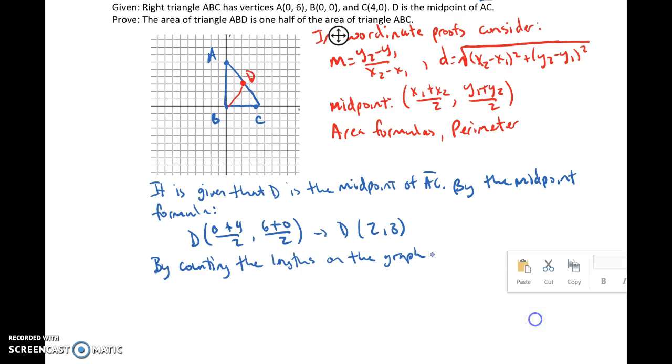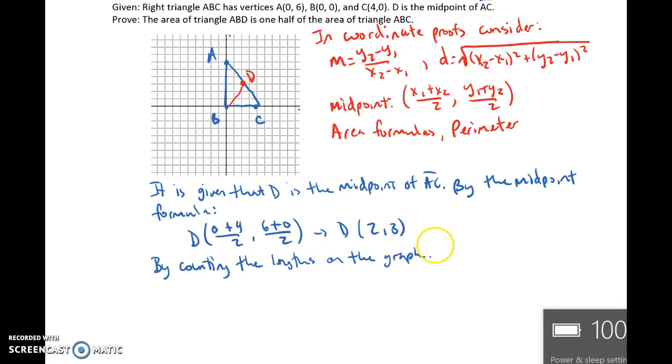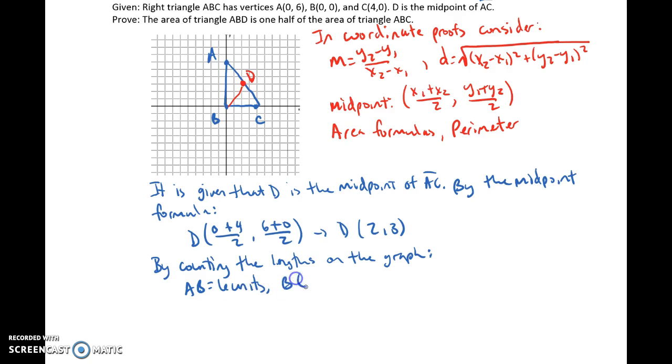By counting the lengths on the graph, I know that for the larger triangle, AB and BC are that perpendicular side, so that's my right angle. So I want AB to be my height and BC to be my base. So I can count and say, well, AB is 6 units, BC is 4 units, and that's for that larger triangle.